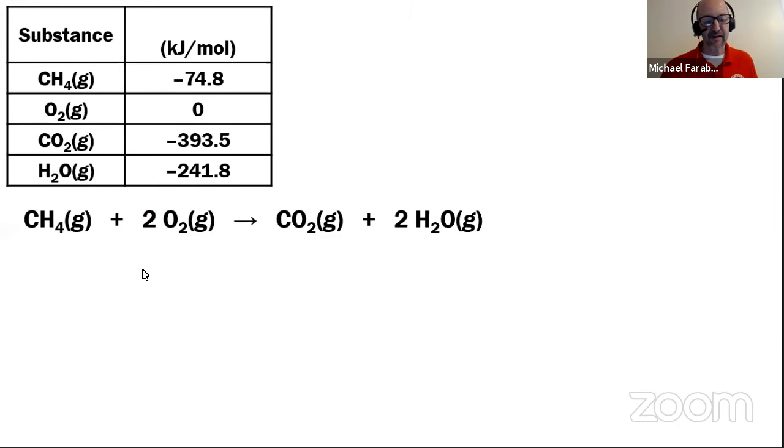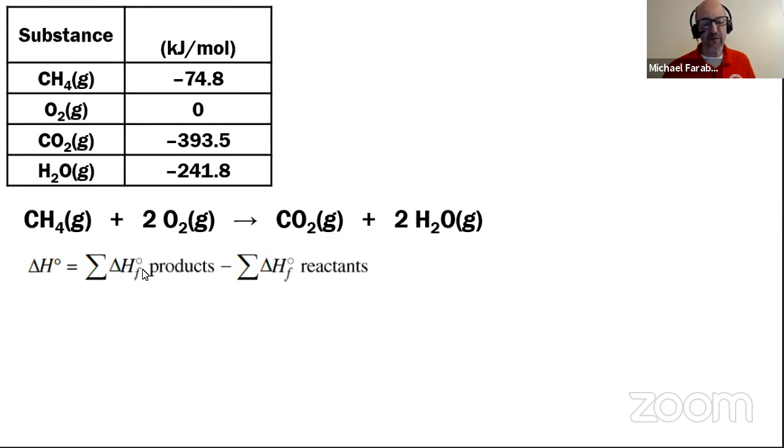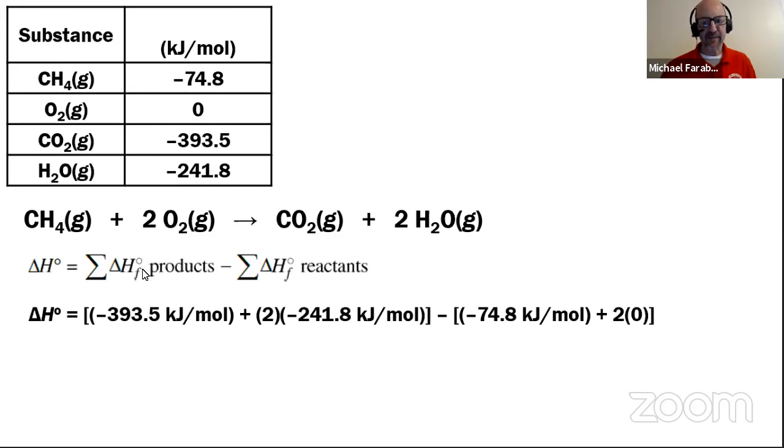So if I was given an equation, in this case, the combustion of methane, and I had to calculate the delta H, not from the bond enthalpies like we did earlier, but from the delta H of formation, the standard enthalpy of formation, then what I'm doing here is calculating with delta H of formation values.